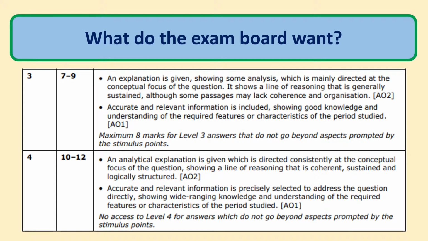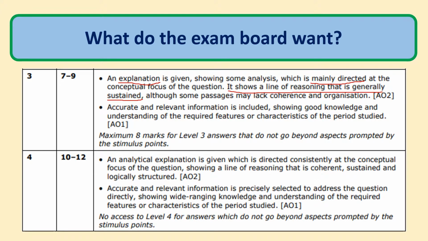Level 3, here's where most candidates would want to be to get a good pass. It says here that we've got an explanation, and it shows some analysis, mainly directed. So you might get a paragraph that's really well explained back to the question, and another paragraph that's more level 2, and that's an example of level 3. A line of reasoning that's generally sustained.